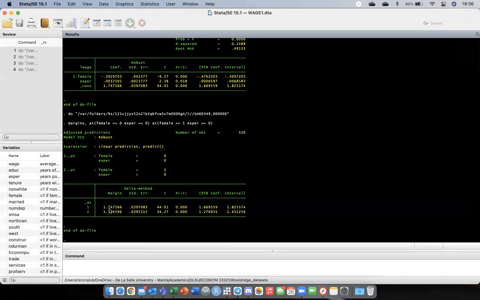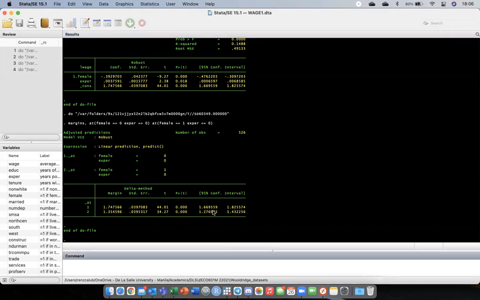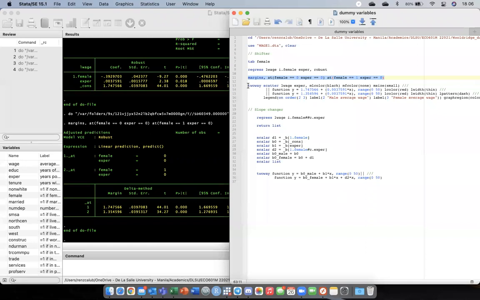They earn an average of 1.75 log wage, which you can just exponentiate. And when all respondents are female, the average wage would be 1.35. So if you subtract this, the difference would be around negative 0.39.